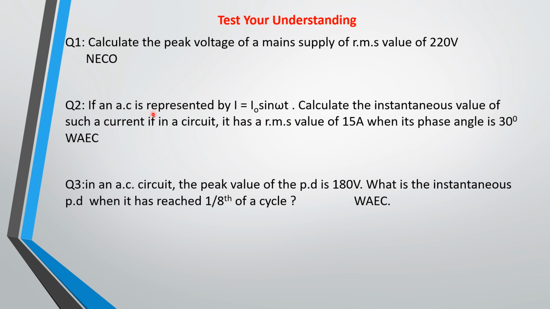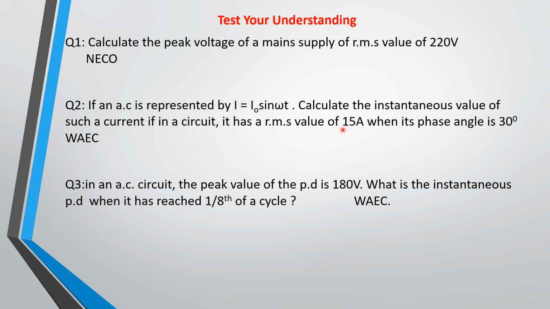This one, if an AC is represented by this, calculate the instantaneous value of such a current if in a circuit it has a root mean square value of 15 amp when its phase angle is 30 degrees. Okay, so you see this equation, this is your peak value, and you are given the root mean square value of the current to be this.